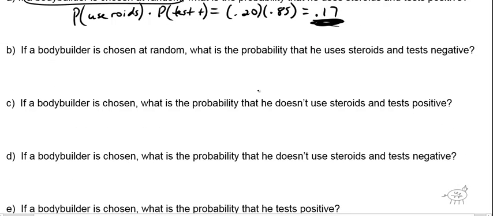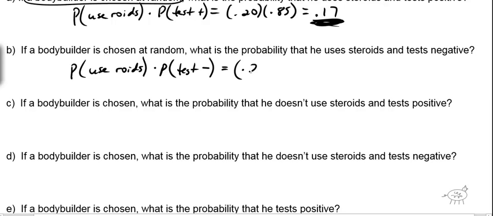All right, so this is going to be probability of using roids times probability of testing negative, and that's basically 0.20 times 0.15, which is 0.03. Okay? Because again, that's pretty low, right?